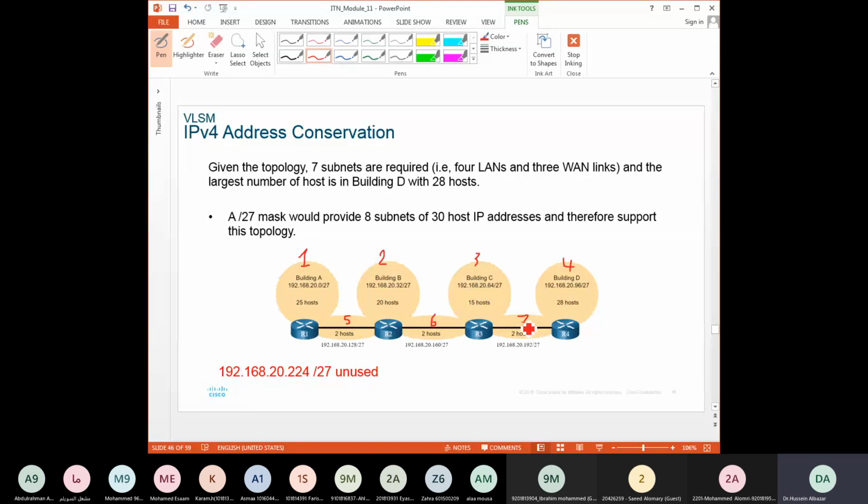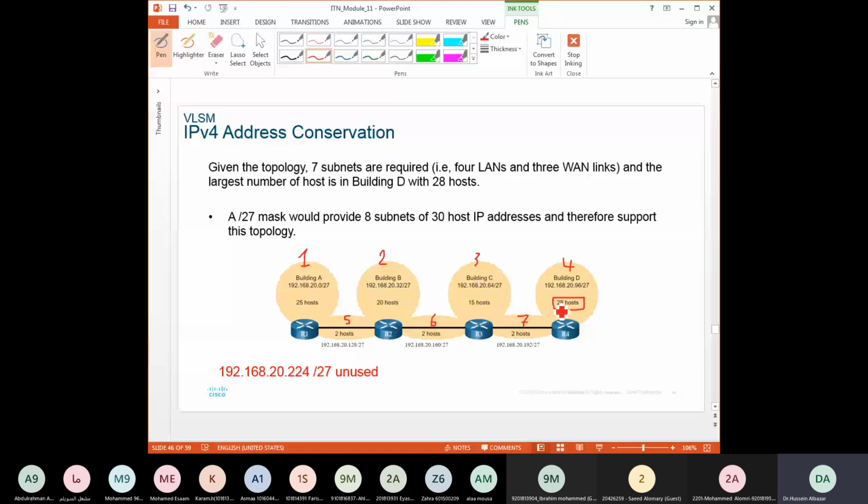Now, let us have a look at the network requirements. For the first one, 25 hosts, 20 hosts, 15, 28. So the maximum number of hosts is 28.